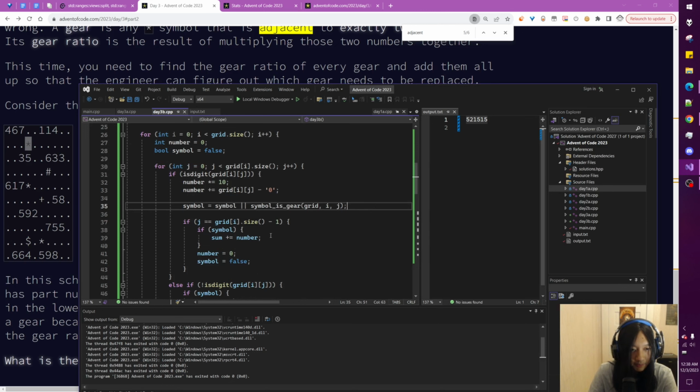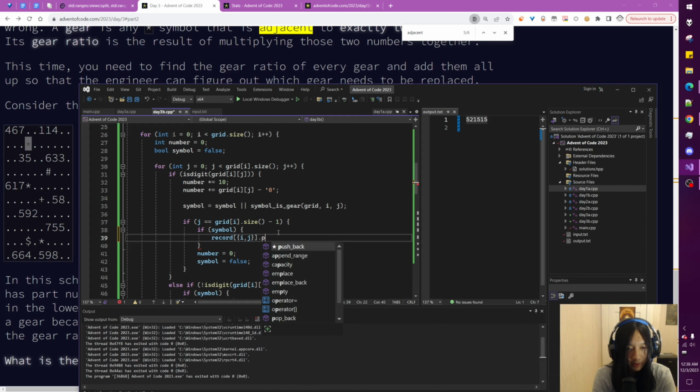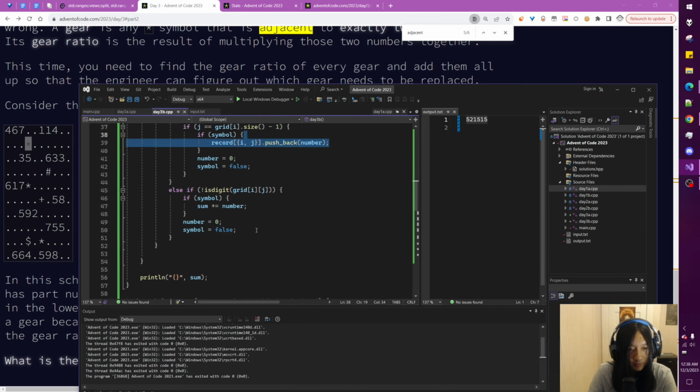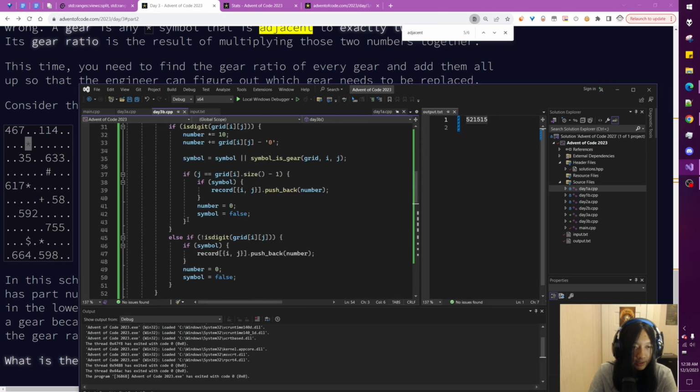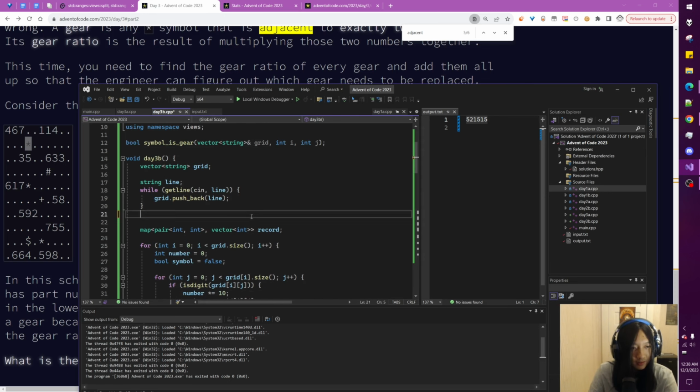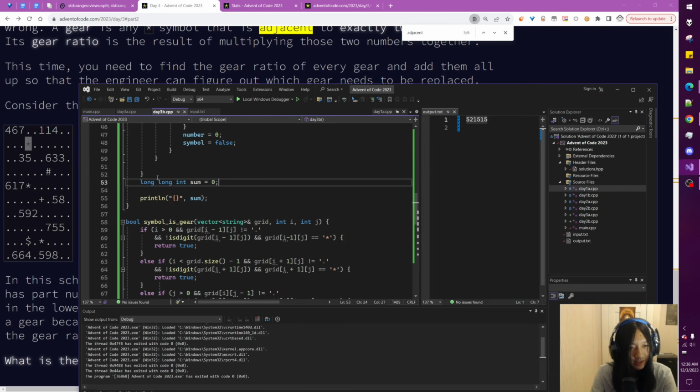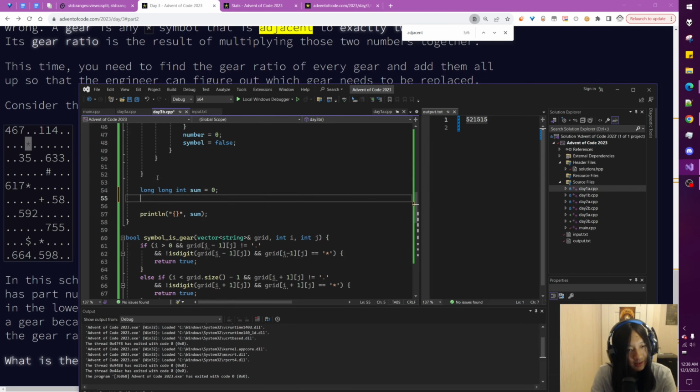Something like this. Instead of adding it here, what we're going to do is say go to the record, go to ij, and add our number. I mean, only problem is, how do I even find a sum now, though?